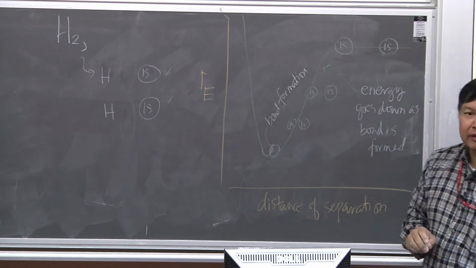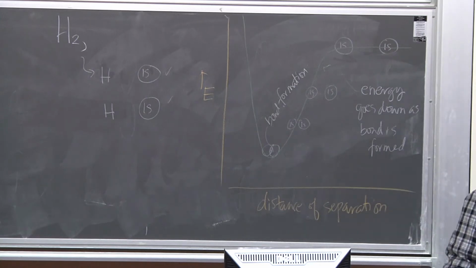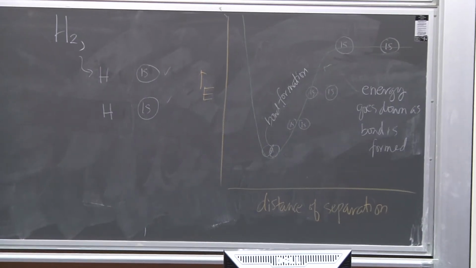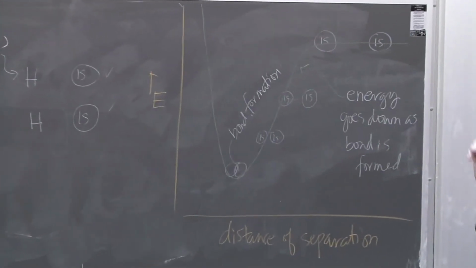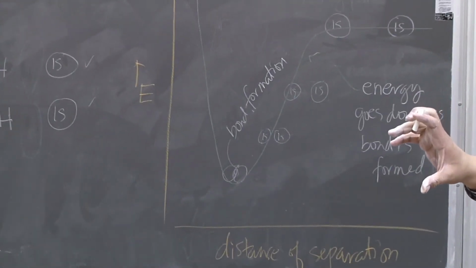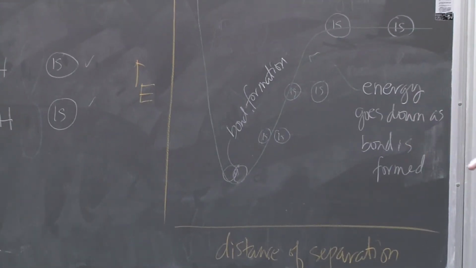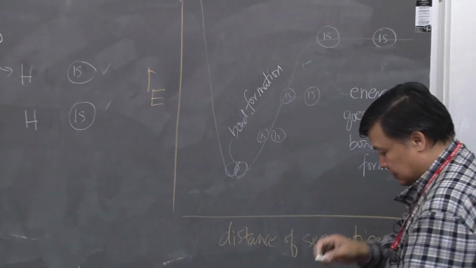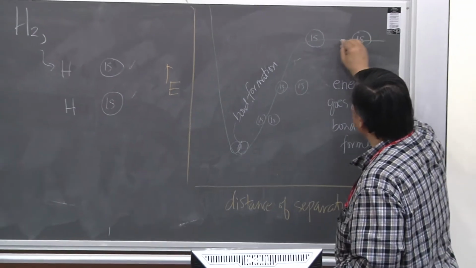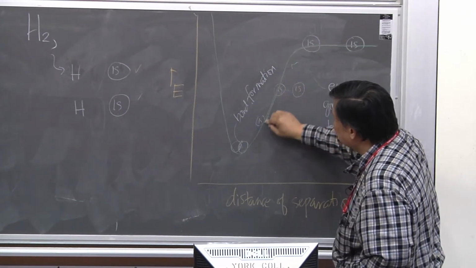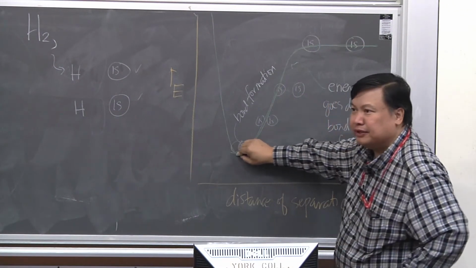And how do you form the bond? The nuclei of one is going to attract the electron of the other. There will be a point, in the happy situation, where they form the bond. So it goes down until the lowest point, which is when you have the bond.